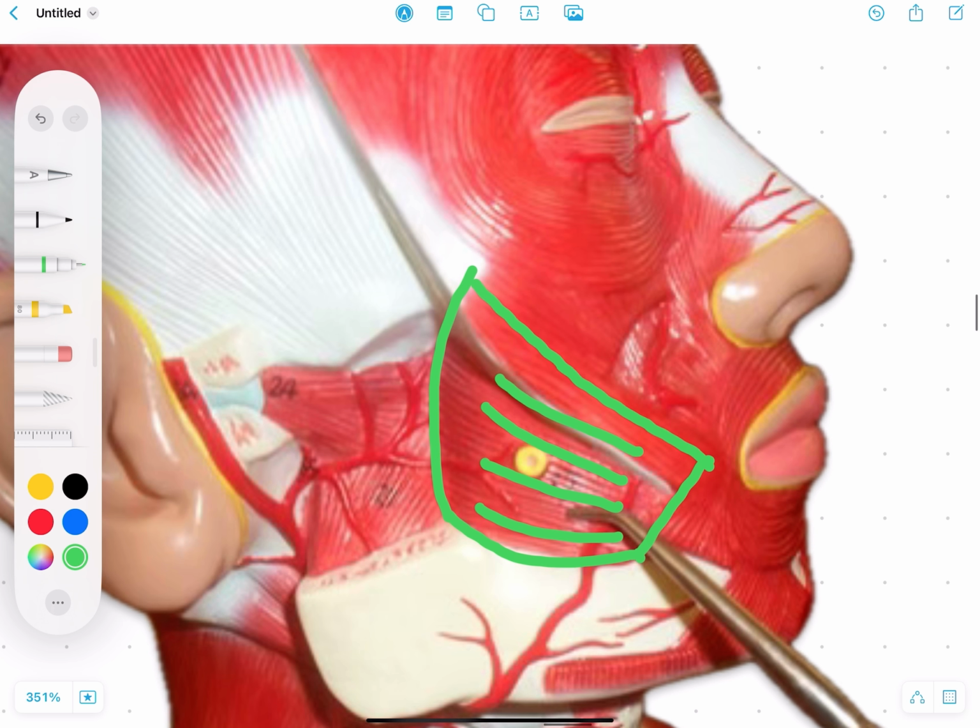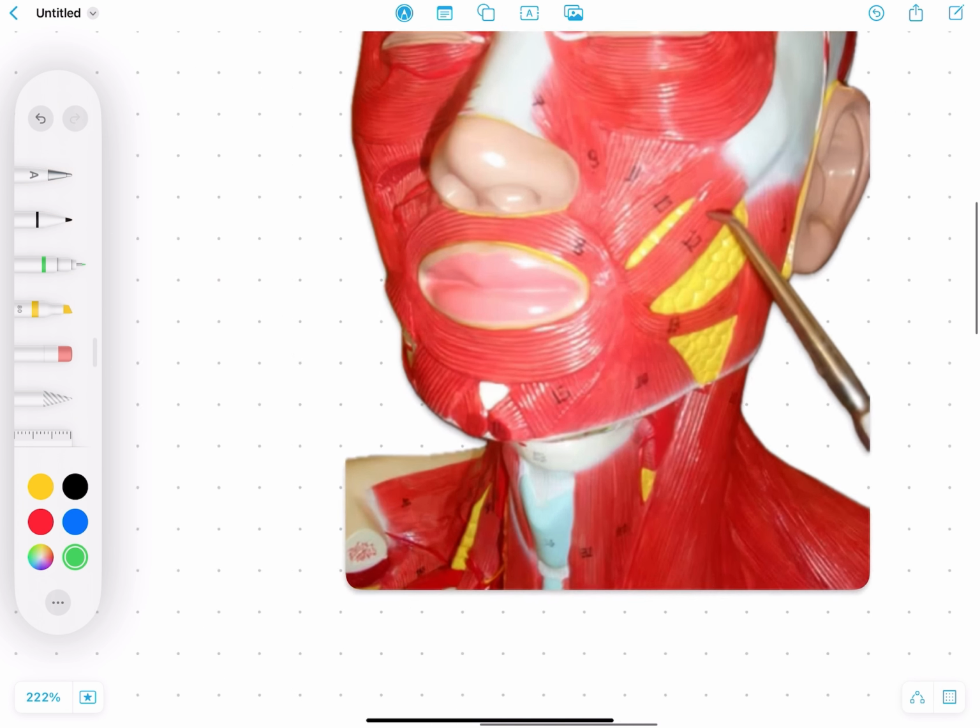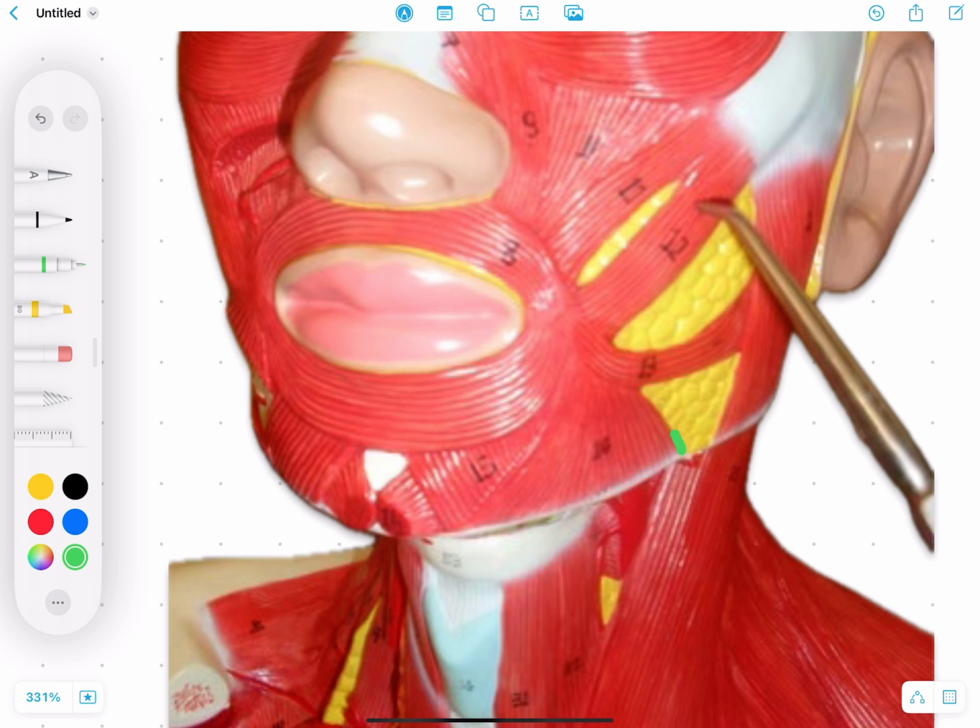So if I come up here and we look at those muscles again, you'll notice there's a fat pad here. This is called the buccal fat pad, and this is a common area for plastic surgery. And underneath the buccal fat pad is your buccinator, and you can see it kind of extends up here and then right here.